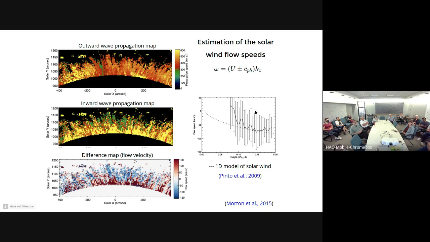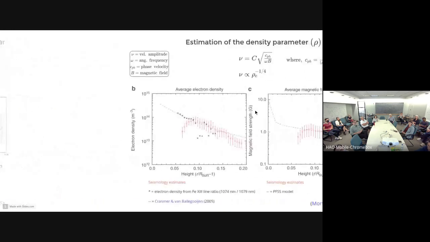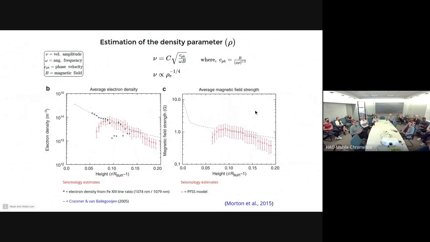Now we have the phase velocity. Now we need to know the density parameter. So here is again one of the observations taken by Richard Morton in his 2015 paper, and we can subscribe to this relationship which comes from theory. The amplitude of the wave fluctuation can loosely be related to a constant proportional to the phase velocity, frequency, and the magnetic field.